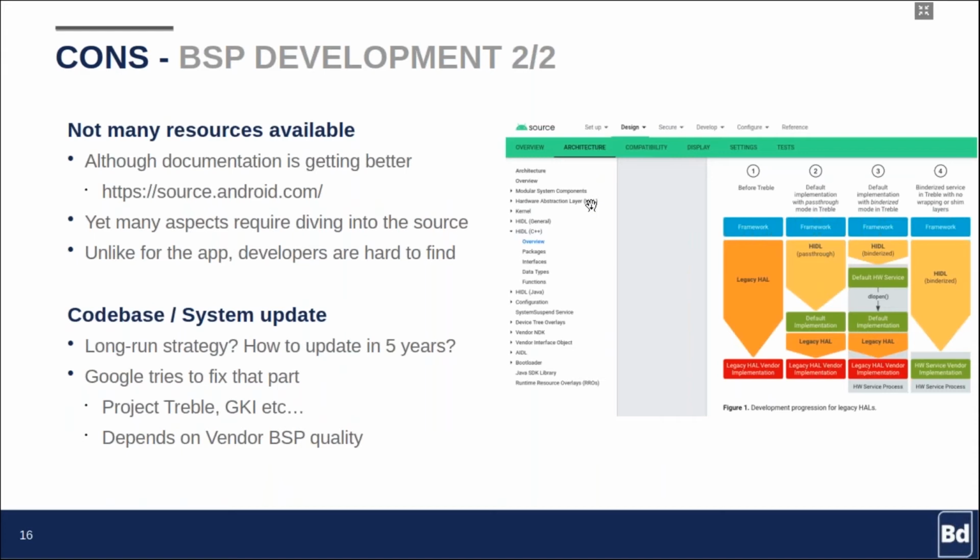And then in terms of the resources available to do that BSP development, it's not the same as the application. For the application, it's easy. There is one API for all, and a lot of documentation. A lot of people have been using that API, so a lot of resources. On the BSP side, on the other hand, the documentation is getting a lot better, but it still requires a lot of diving into the source code to understand what's going on.